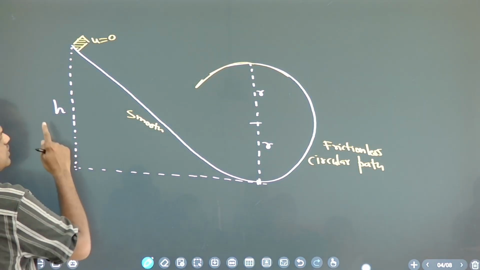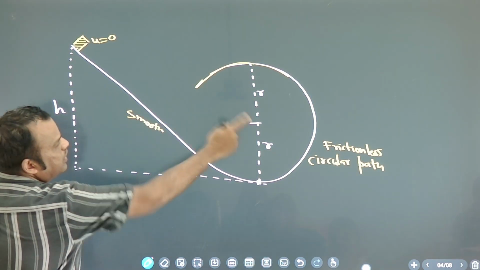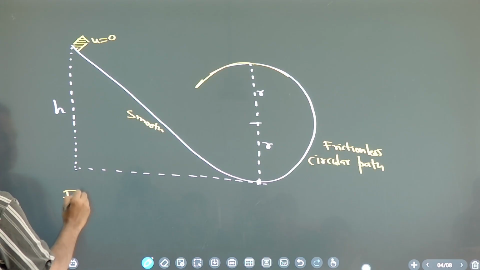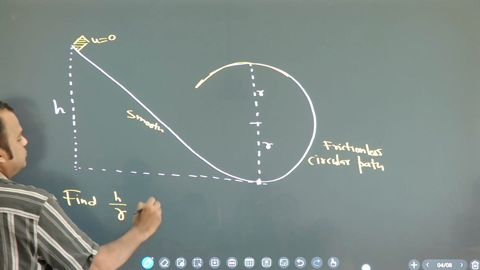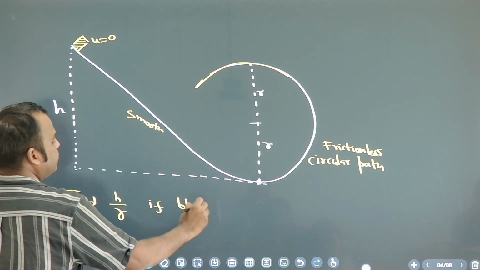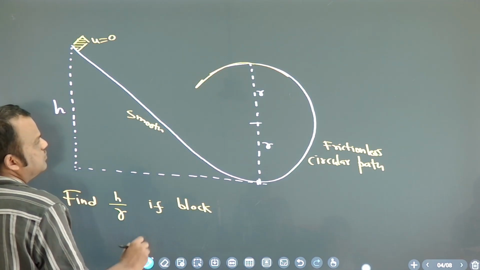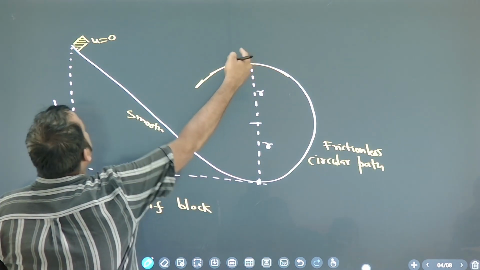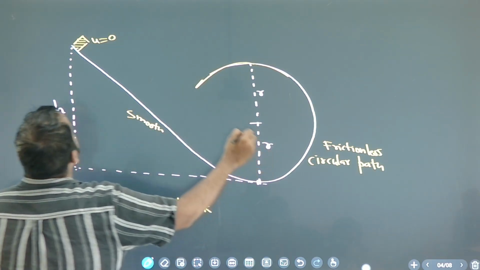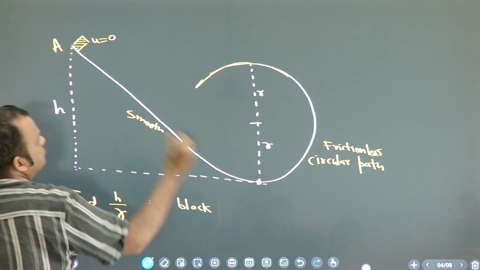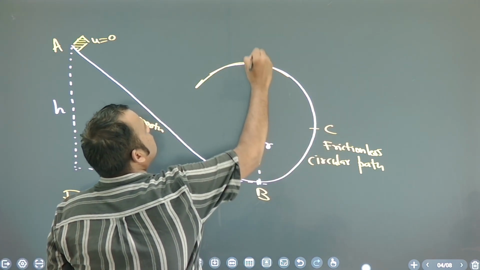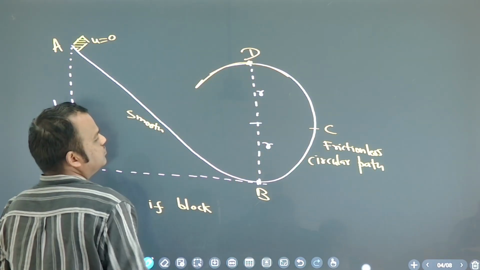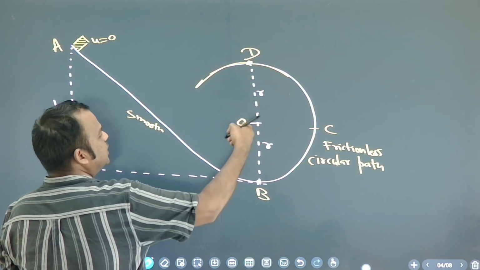So what is the ratio H by R? Find ratio H by R if block just reaches this point. Let's call this point A, this point B, this point C, this point D, and this is center O of the circle.